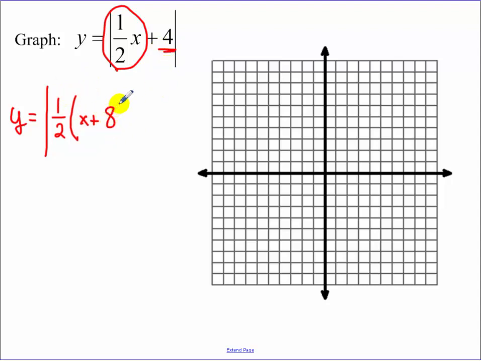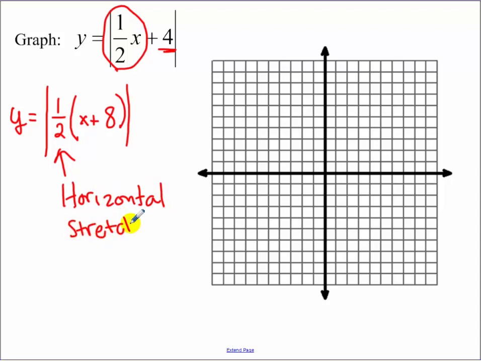That's going to be 8. Now, technically, this is a horizontal stretch because it's inside the function and it's opposite of what it seems. But because of how absolute value functions work, that's really the same thing as these slopes like we've been doing.